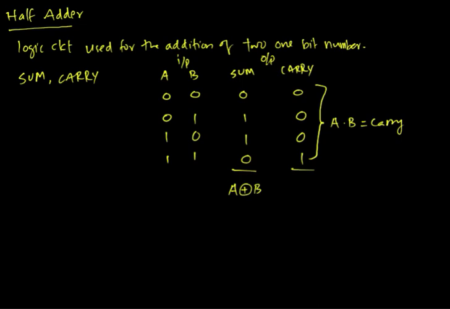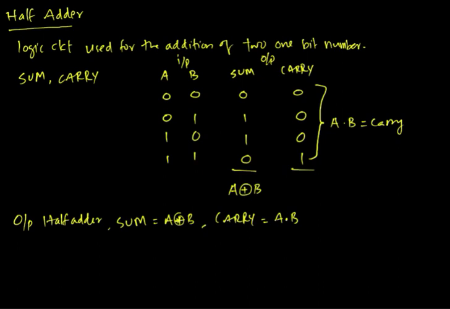So we can say that the output of a half adder has two parts. One is the sum, which is given by A exclusive OR B, and the carry is given by A AND B. So now we have to realize a logic gate, or combination of logic gates, which performs this action.